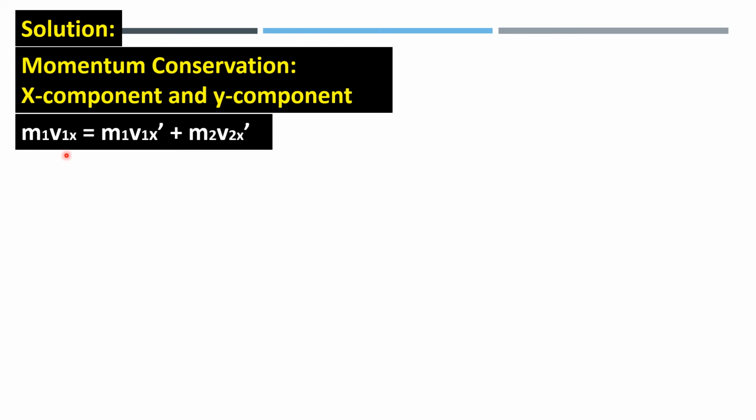It's just the usual formula for conservation of momentum, but we notice that there is a subscript x used for the velocity, to emphasize that we are talking about the x component. When we substitute there, we are emphasizing that this is the x component part of the momentum conservation.